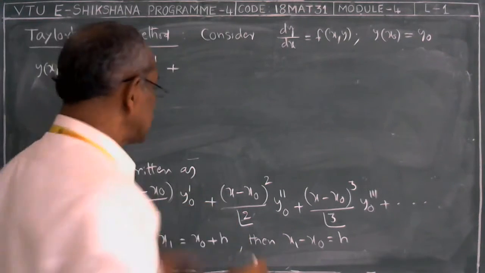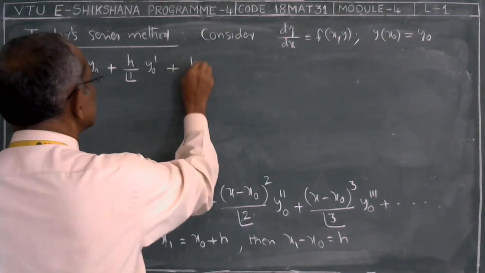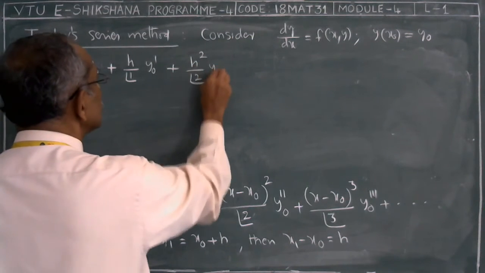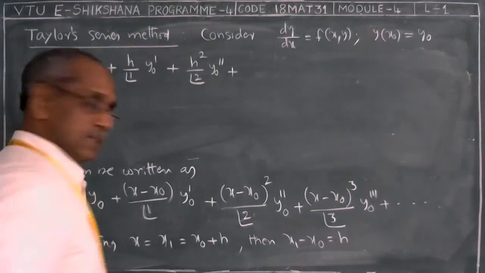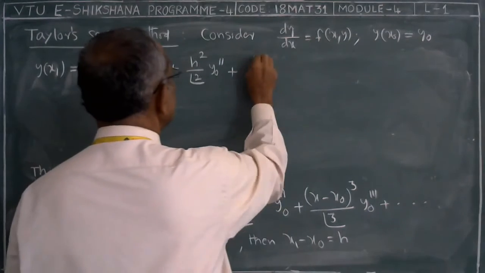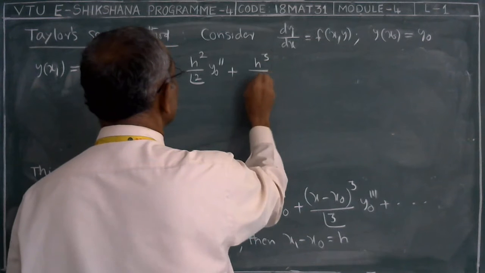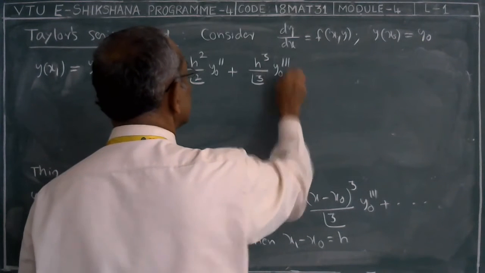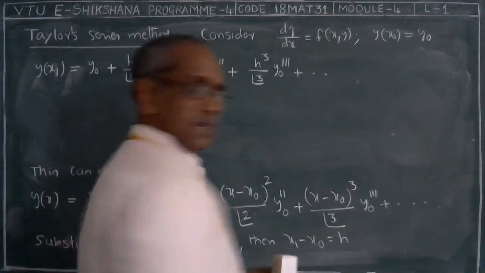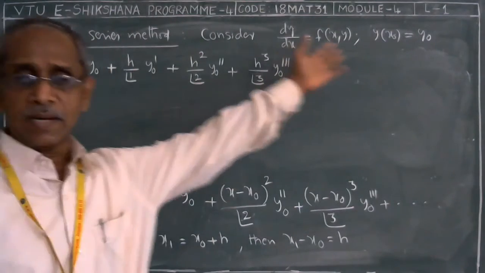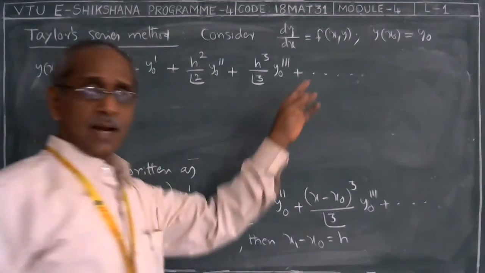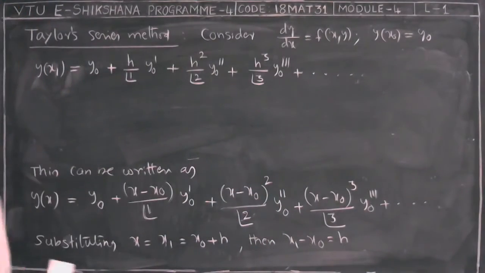Then (x1 minus x naught) whole square, that is h square, divided by factorial 2 into y naught double dash. Then h cube divided by factorial 3 into y naught triple dash. Next is h power 4 by factorial 4 y naught fourth derivative, evaluated at x is equal to x naught, etc.